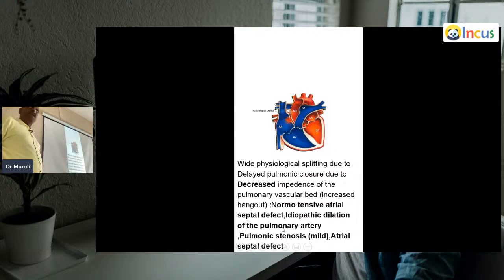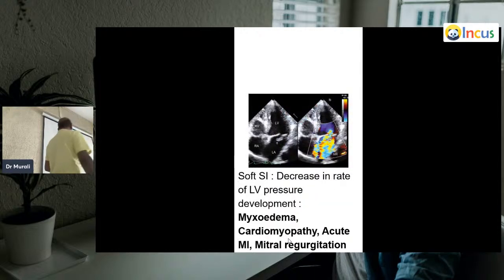So ASD, or any pulmonary artery dilatation or pulmonary stenosis, any of them will cause more amount of hangout on the right side. Right side activity. That leads to development of the delay of the P2. So that is all the story about the split story.